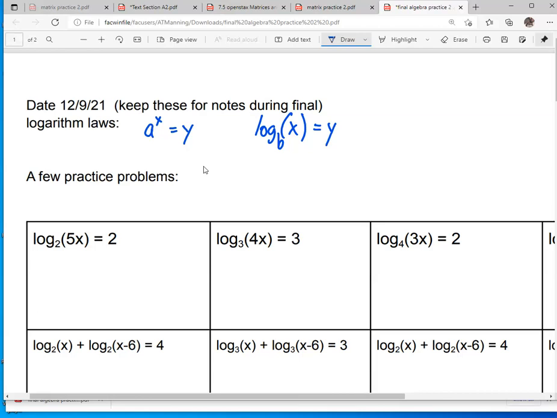Remember what that means. That is the same as, and I can go either direction, b, the base, to some power y is equal to that x. And you can draw the little lines, b to the y is equal to that x that's in there.